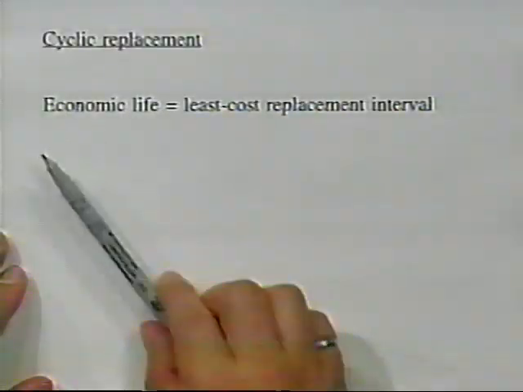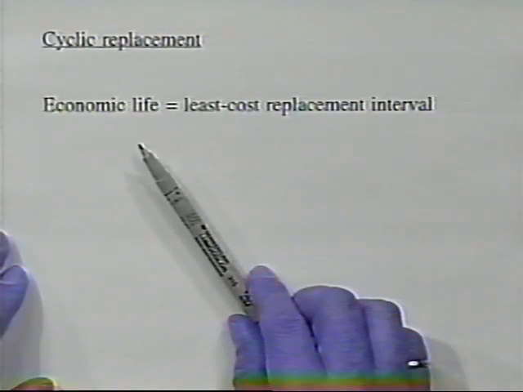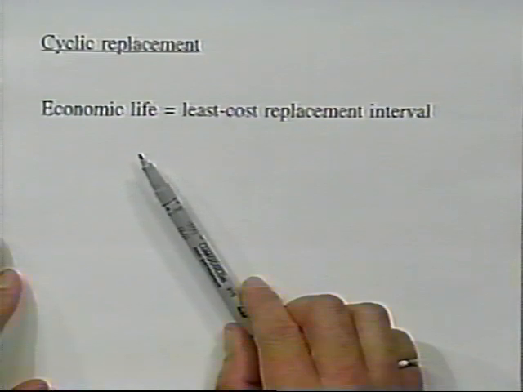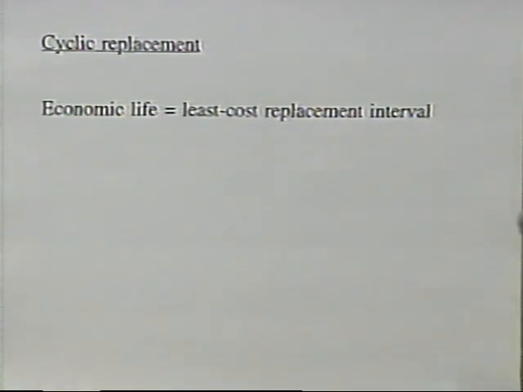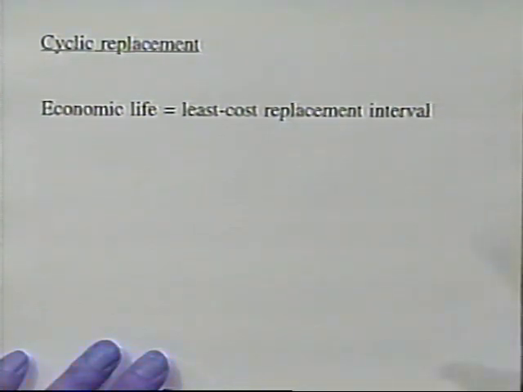So that gives that economic life. We can say, as we've said in previous problems, the service life of an asset is X years. We can actually calculate that through this kind of process of calculating the cyclic replacement interval as the least cost one.